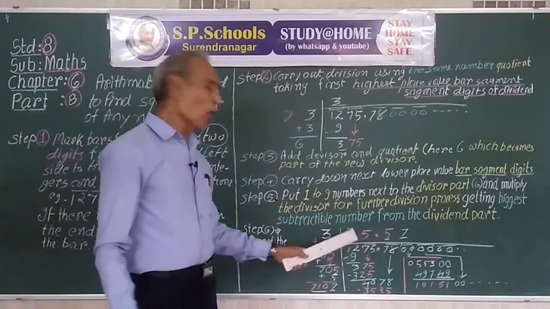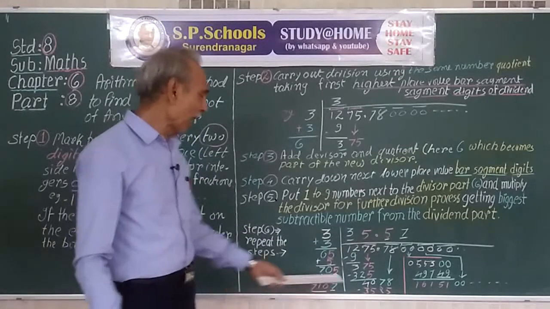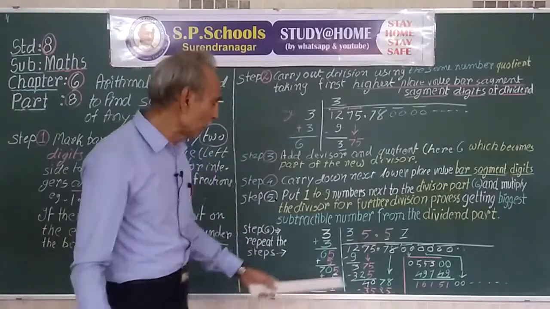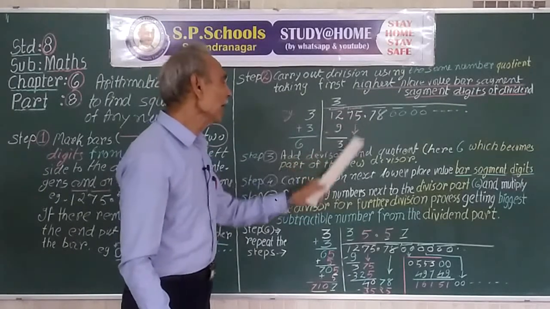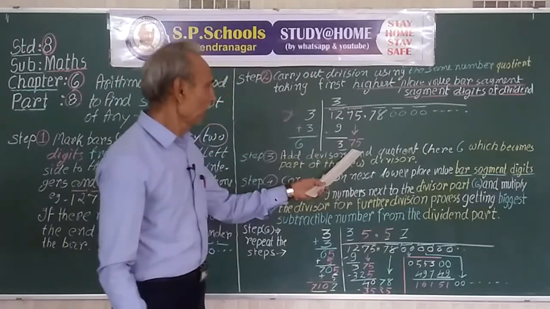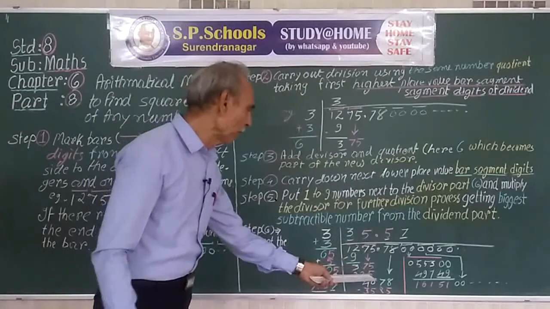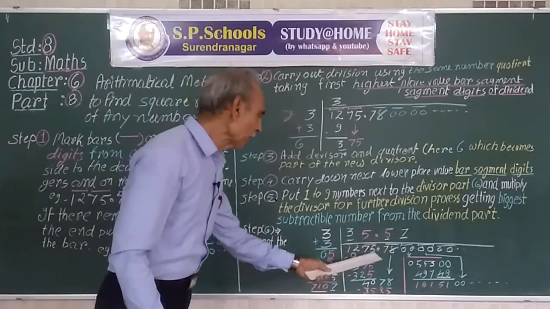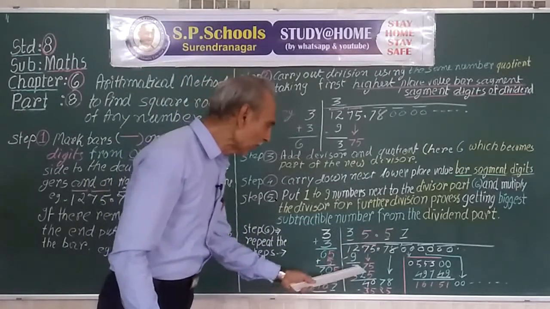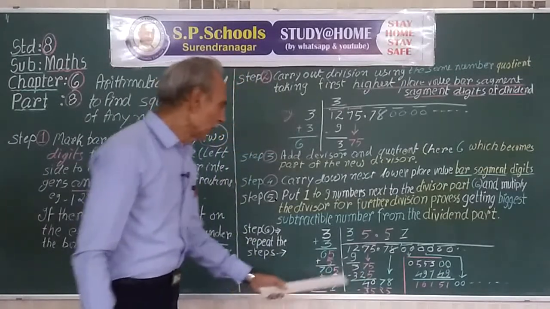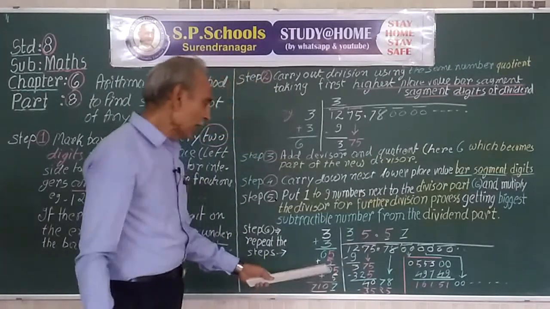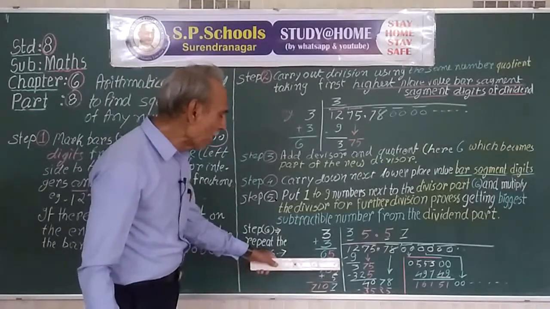You go on trying to get the highest subtractable value for the remaining 3 and next bar part 75. So taking 75 down, we get 375, the new dividend.